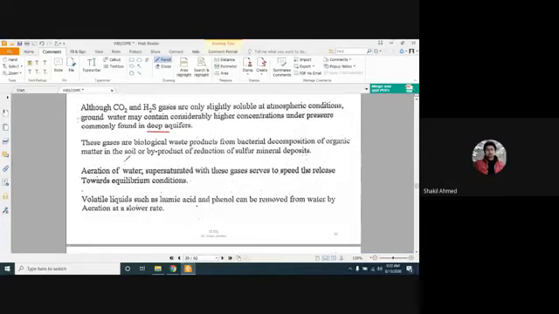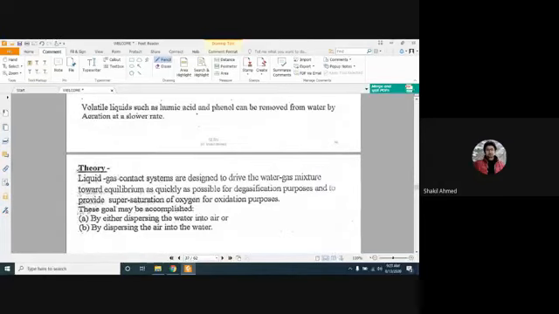Now what we do here is this theory. Liquid gas contact systems are designed to drive the water gas mixture toward equilibrium as quickly as possible for degasification purposes and to provide supersaturation of oxygen for oxidation purpose.